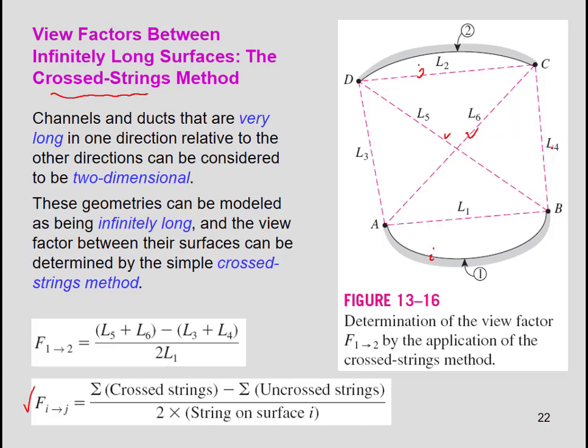Uncrossed strings are L4 and L3, as you can see here, divided by 2 times the string on surface I. This is surface I, and L1 is the string on that surface. So we can use this equation to find the view factor from surface 1 to surface 2 when we have this condition.